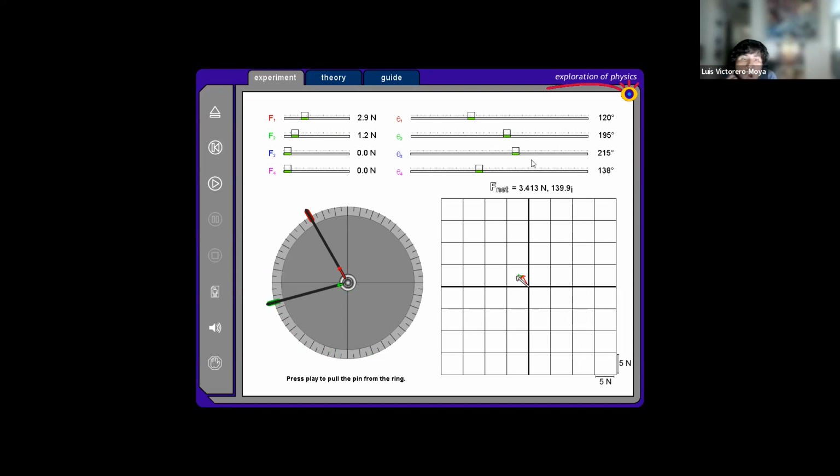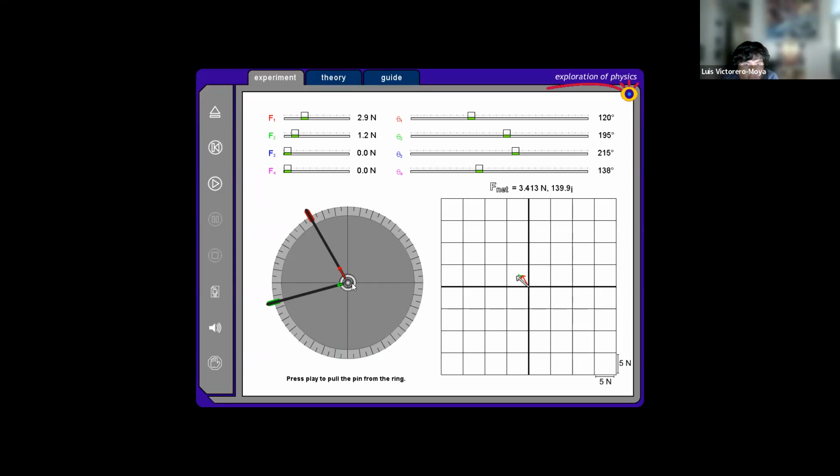There. So if I play the simulation, obviously the mass is going to move, right? So what you need to do is stop it. That's your resultant force, 3.4 newtons at 139 degrees.